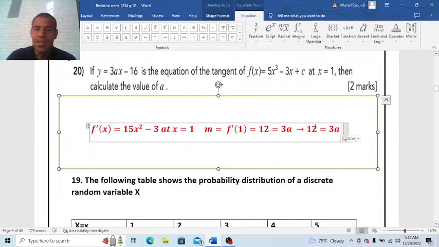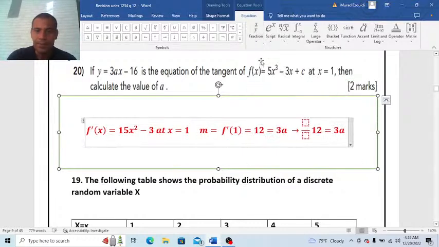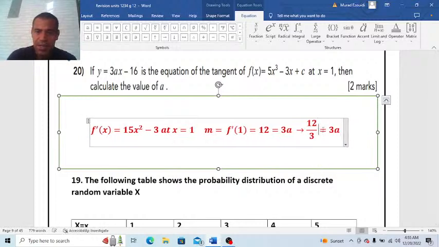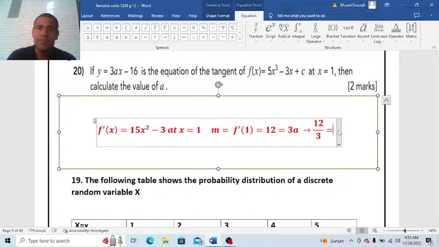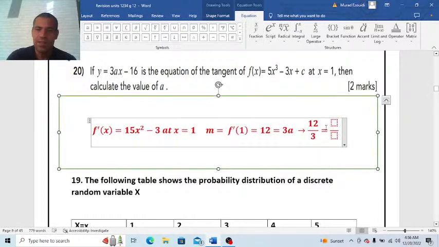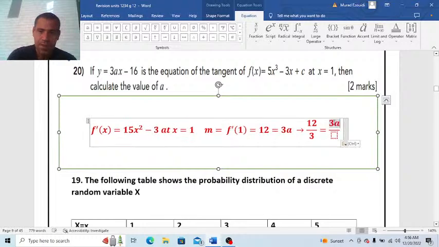So it will be 3a divided by 3. I will write it here as a fraction: 12 divided by 3, to understand that we really divide both sides by 3, and the right side is also 3a divided by 3.